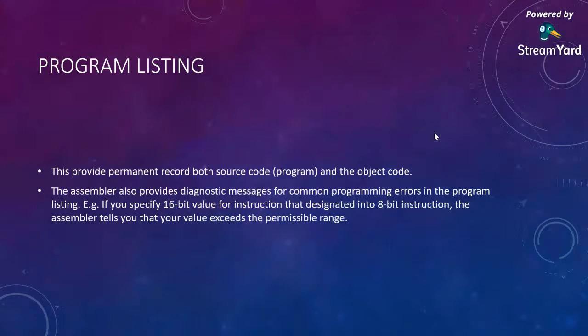The assembler also provides diagnostic messages for common programming errors in the program listing. For example, if you specify a 16-bit value for an instruction that needs an 8-bit value, the assembler tells you that your value exceeds the permissible range.